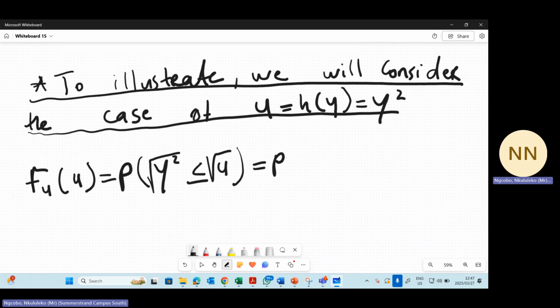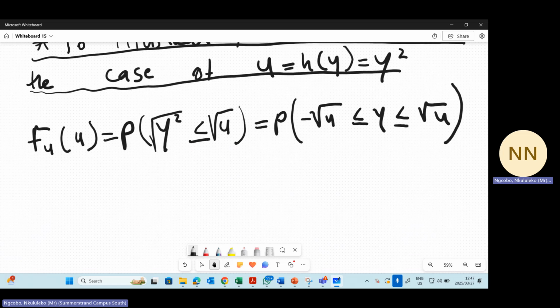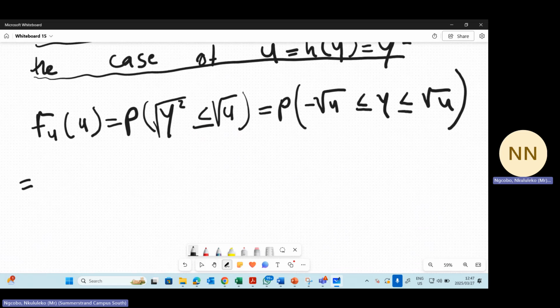So this then becomes minus the square root of u less than or equals to y less than or equals to the square root of u. So you have a lower bound and the upper bound, right? So you want to find an integral. So this is a region of u, right? It's from minus the square root of u to the square root of u of f of y dy, right?